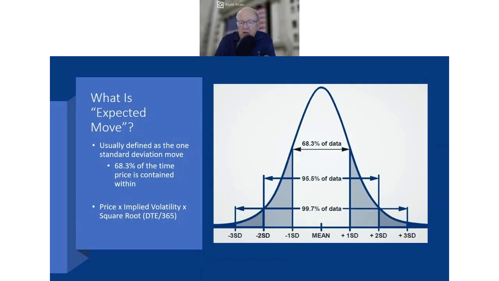Some people use 252 for the divisor because that's the number of trading days in a year. It really doesn't make much difference. We're not trying to get down to the pennies. It's all not that material, but I can share with you the calculation, the longhand math, but it's right on the option chain. We'll take a look at that.